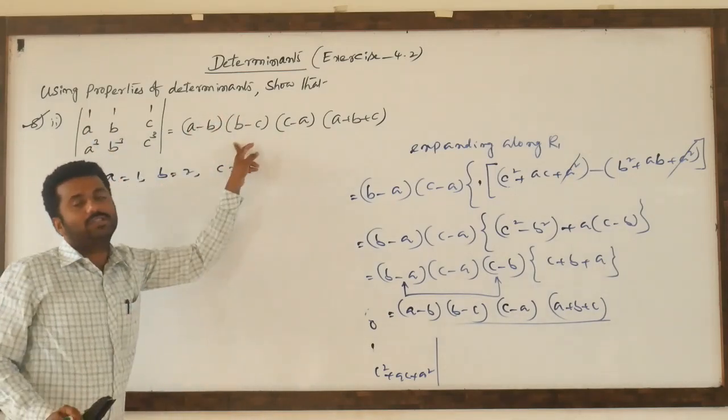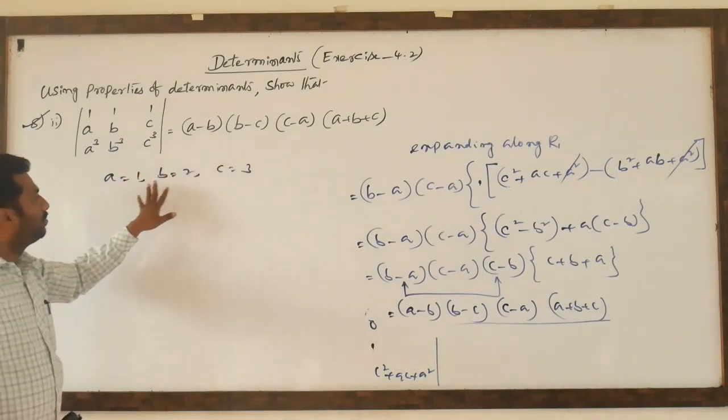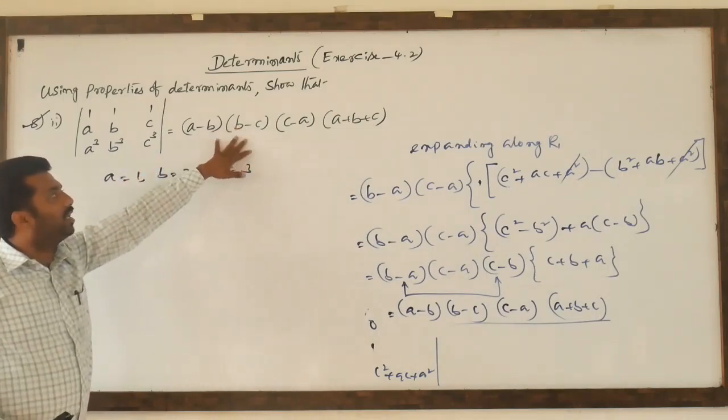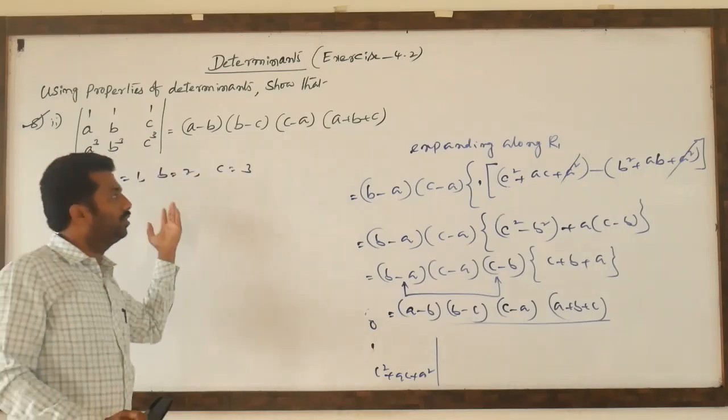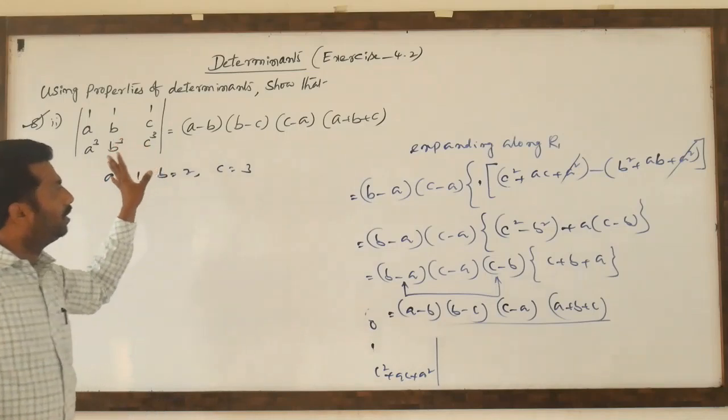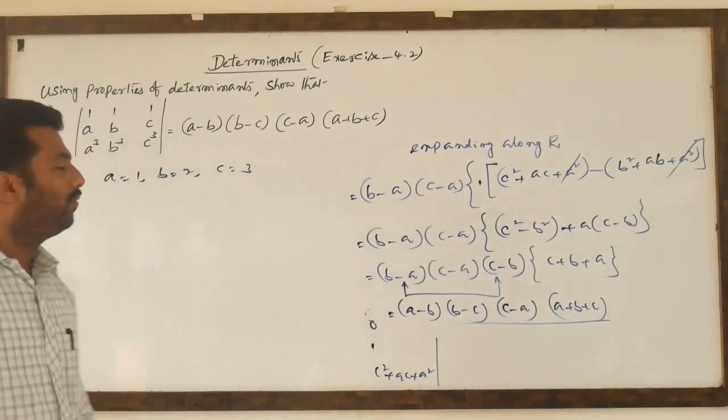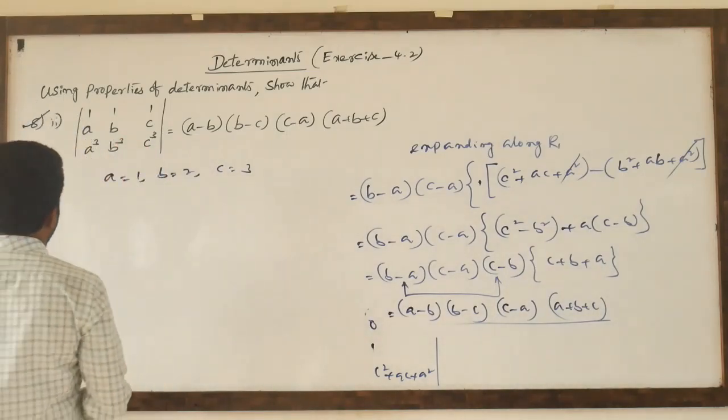One of the 4 options will be there. If you substitute this data in the options, whichever option is suitable, where both are equal, that option we have to select as the correct option.